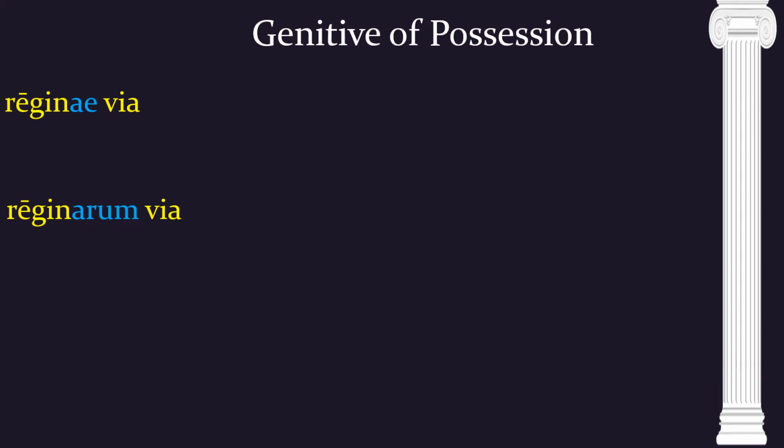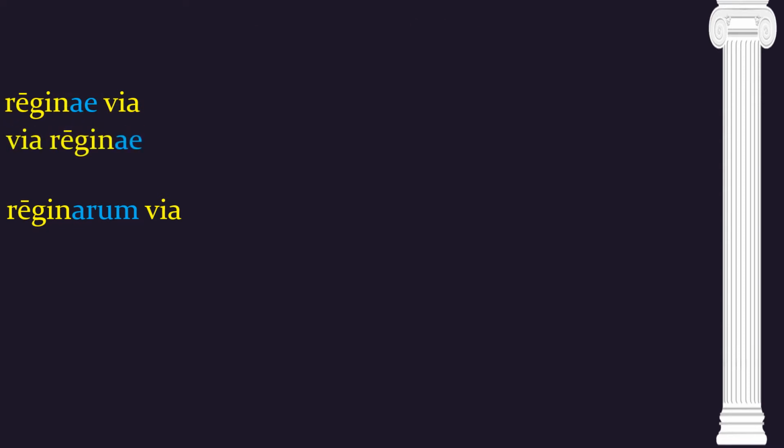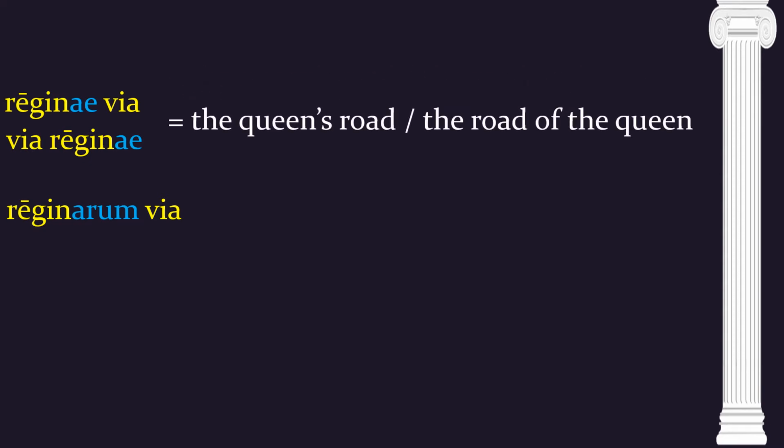So Reginae, Regina is the queen, via is the way. So Reginae via, okay, or if we want to do it exactly the other way around, via Reginae, we're going to get the Queen's Road, or the Road of the Queen. I prefer the second option just because we can avoid any confusion with apostrophes.